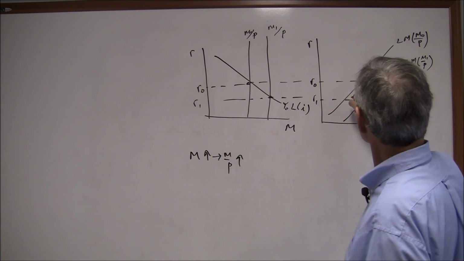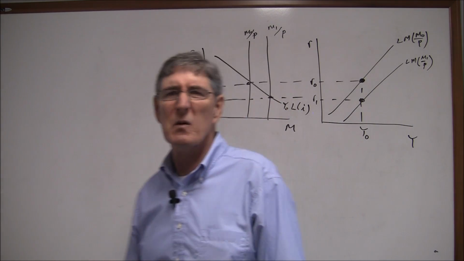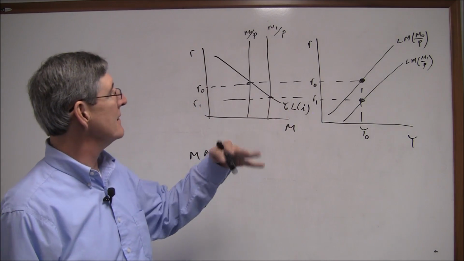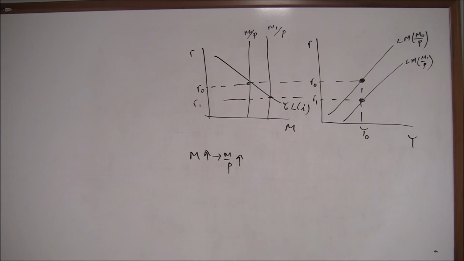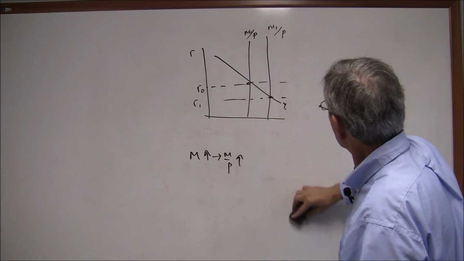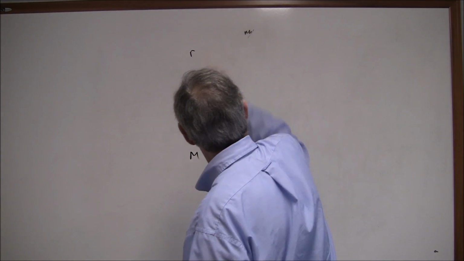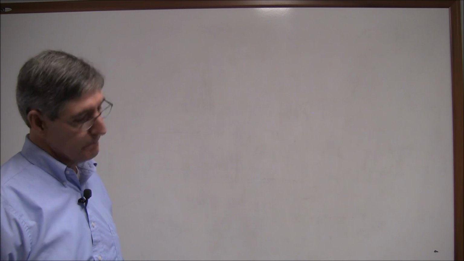Similarly, if you go the other direction, you can say it shifts up or in. So those are equivalent statements. Out and down for the LM curve would be the same thing. So now we know how the LM curve shifts out when there's a change in M or a fall in P. There's other reasons it could shift too, but that's the only ones we're going to need.